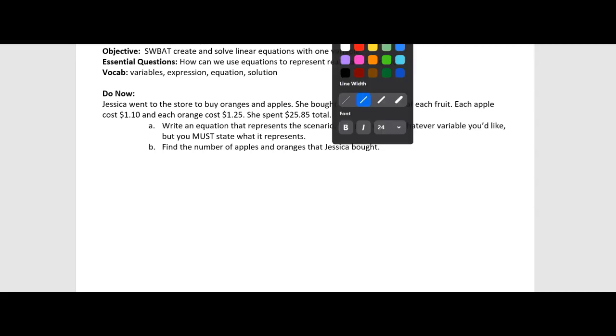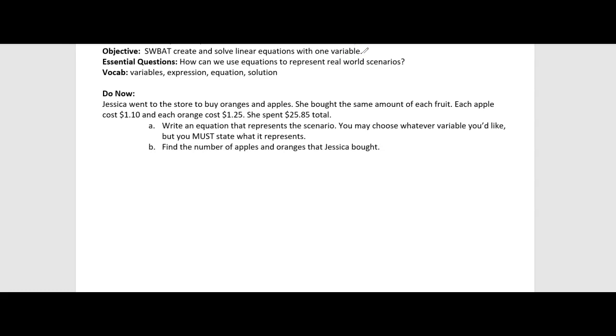All right, so let's think about what it tells us. It tells us she went to the store to buy oranges and apples, but she bought the same amount of each fruit. So if she buys 10 oranges, she's buying 10 apples, or 8 and 8, or 7 and 7. Each apple costs $1.10, each orange costs $1.25, and she spent $25.85 total.